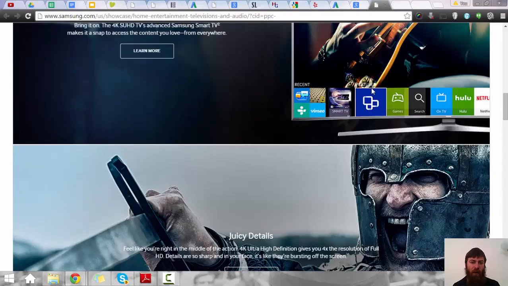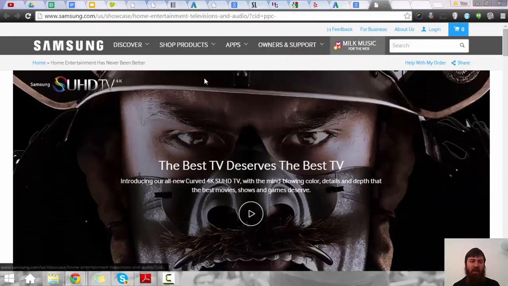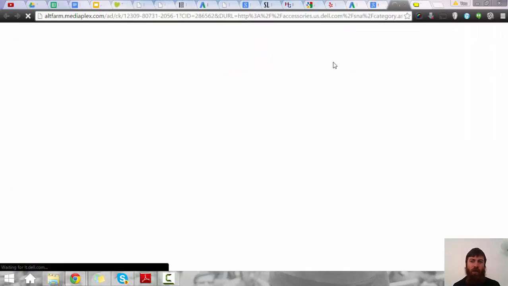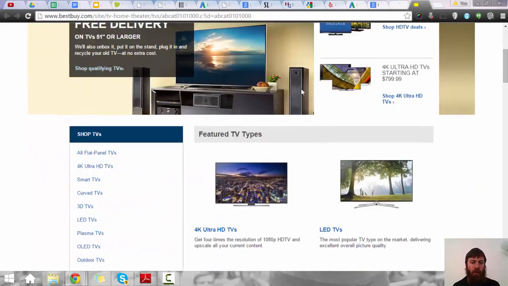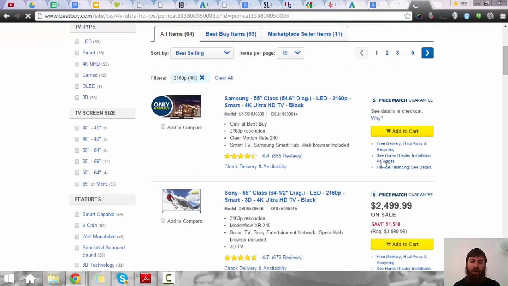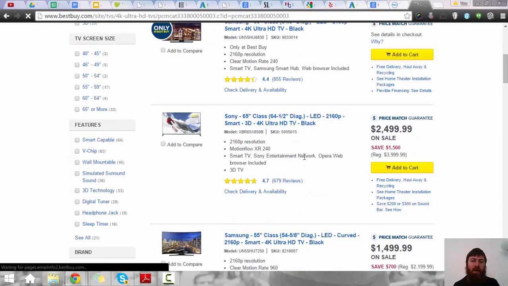And we might realize quickly, oh, we're looking at Samsung TVs and these are way over our price range. We just want to see some pictures of some actual TVs. Here's some TVs, and we start clicking around, and then we realize, oh my gosh, $2,500, that's a lot of money.